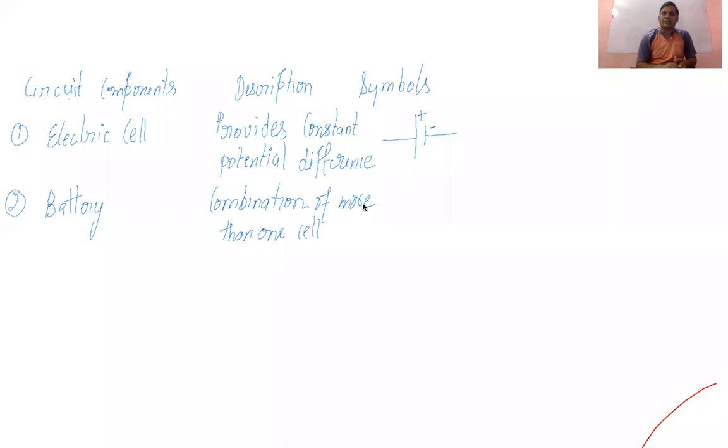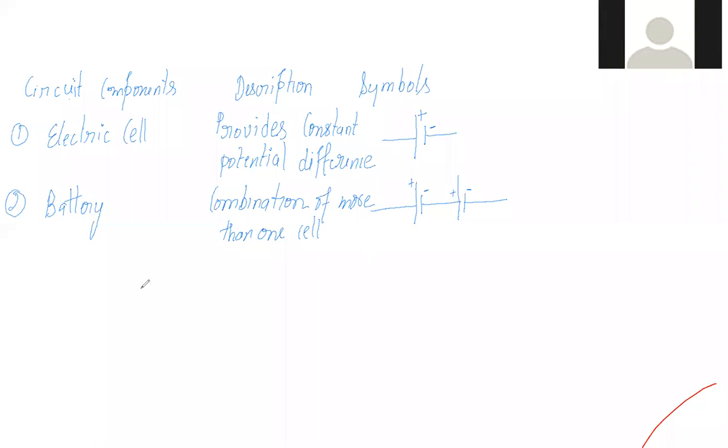You often see it in a torch. What happens in the case of the torch? You put more than one cell. So how are they connected? It is connected in this manner: the positive of one and the negative of the other are connected. So if more than one cell are connected, these will act like a battery.